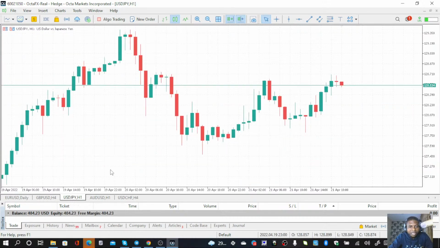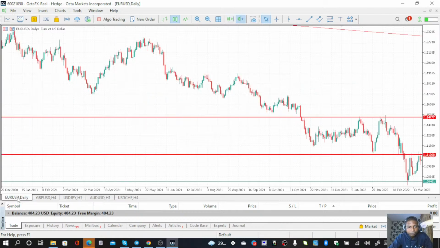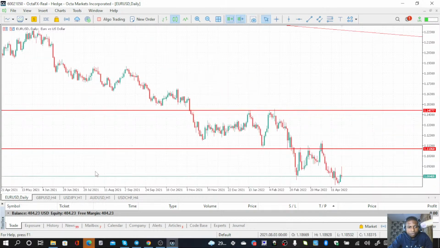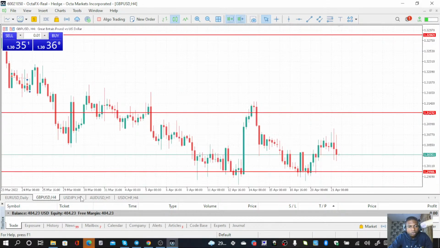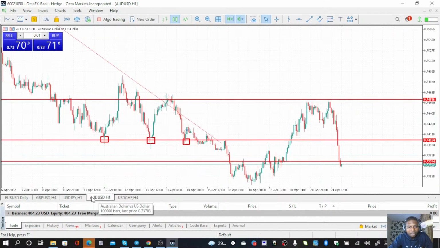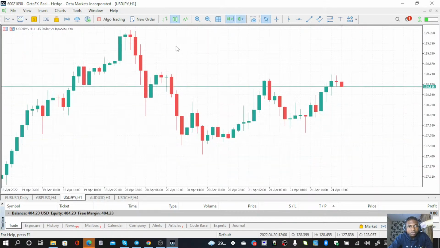All right, so let's take a deep dive into market analysis. Let's take a look at this trade on USDJPY. As our usual practice is, when you open your chart, you want to ask yourself a few questions.